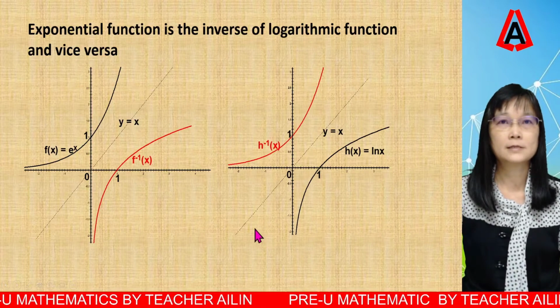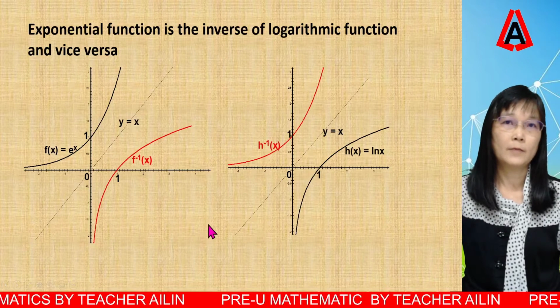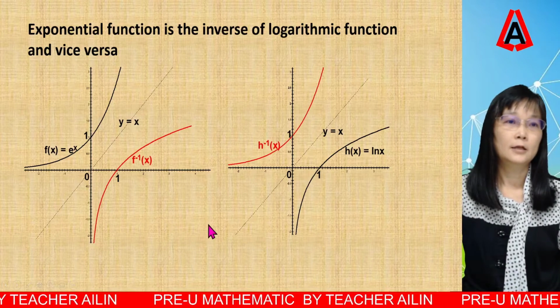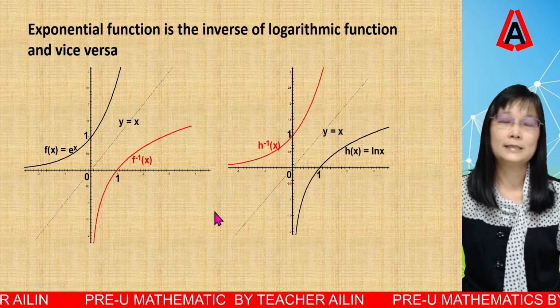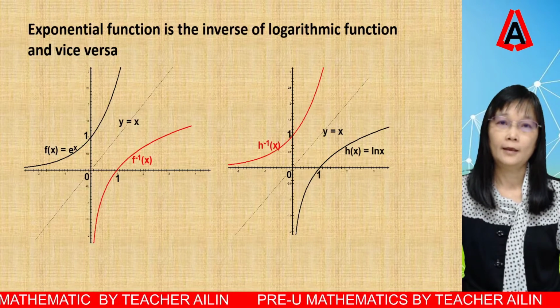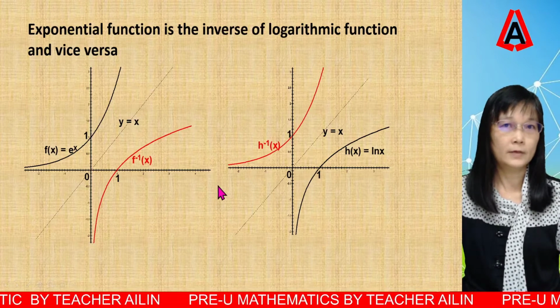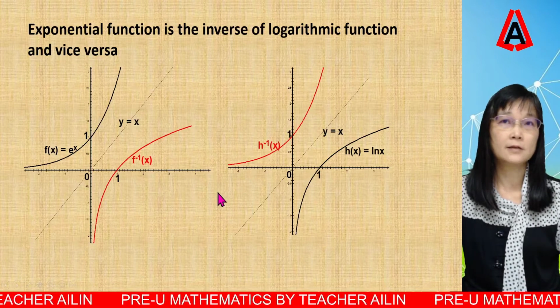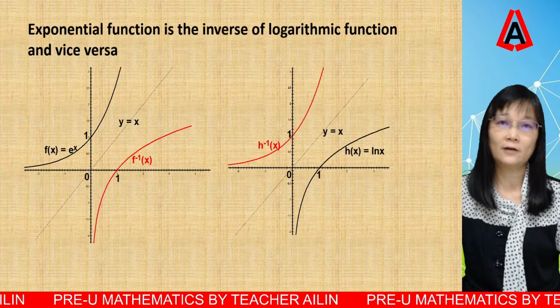So from this diagram, we can make the conclusion that the exponential function is the inverse of the logarithmic function, and at the same time, the logarithmic function is the inverse of the exponential function.